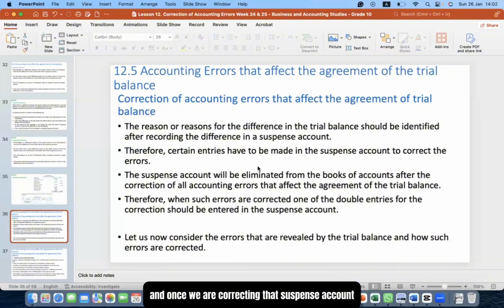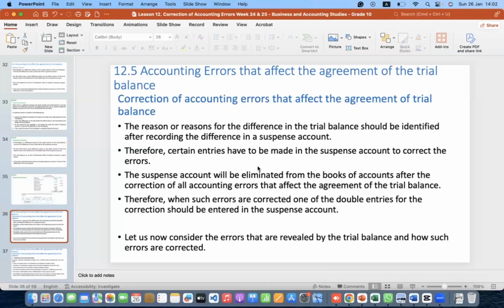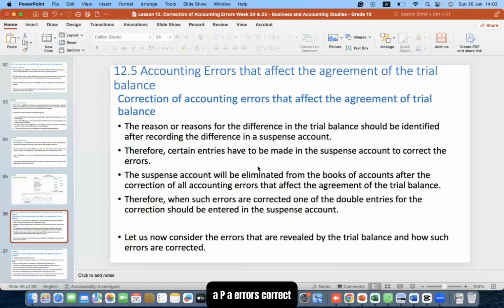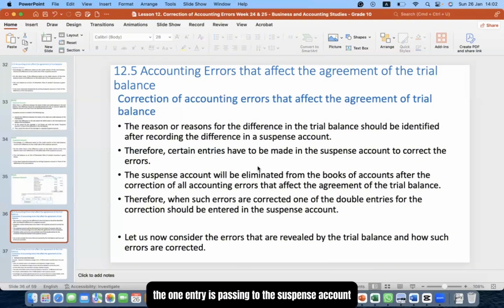And once we are correcting the entries with respect to errors that have affected the agreement of the trial balance, what is happening is one entry is passing to the suspense account. When we correct errors, one entry is passing to the suspense account, and that account balance is nullifying little by little. Let's say there are two errors which were in amount 5,000.